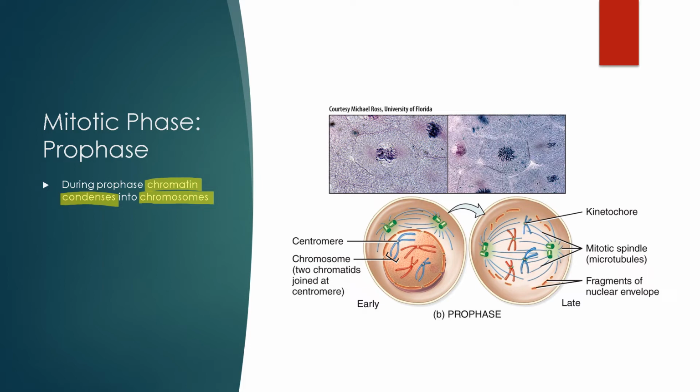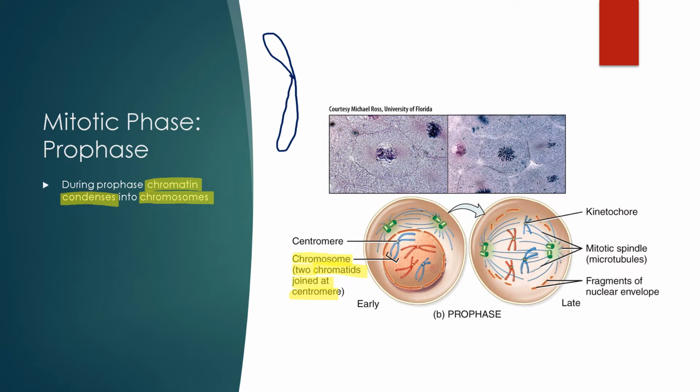Now, because that longitudinal DNA replication took place during the S phase of interphase, each prophase chromosome consists of a pair of identical strands that are called chromatids. So each chromosome consists of 2 chromatids that are joined at a centromere. This is going to be this constricted region that holds the chromatid pairs together. So here, I'll just draw a little picture for you. We have one chromatid here.